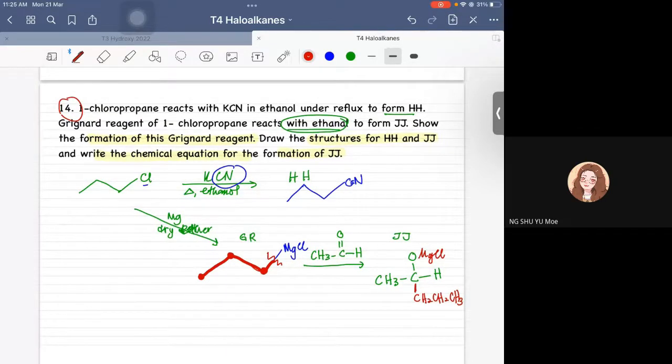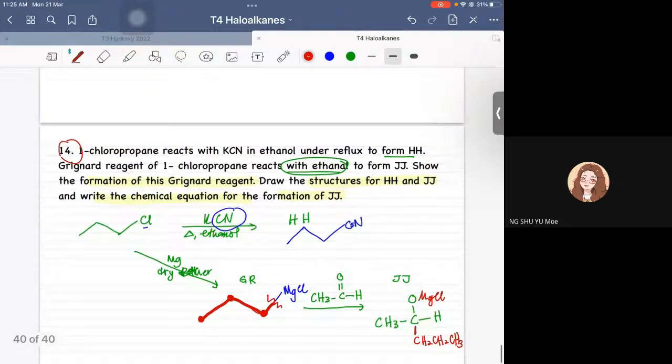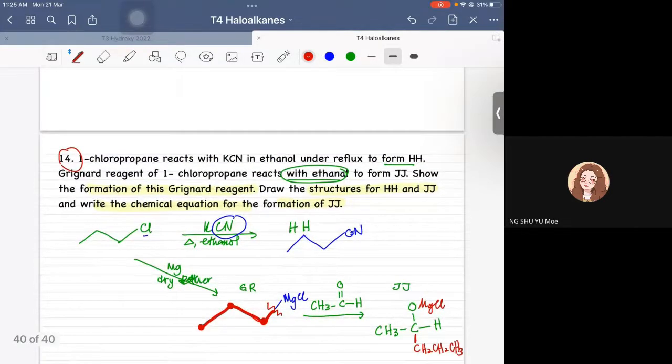Okay, so bila sampai soalan 14 ni, kita dah habis haloalkane. Do you have any question regarding haloalkane? Ada soalan tak? Ada soalan?